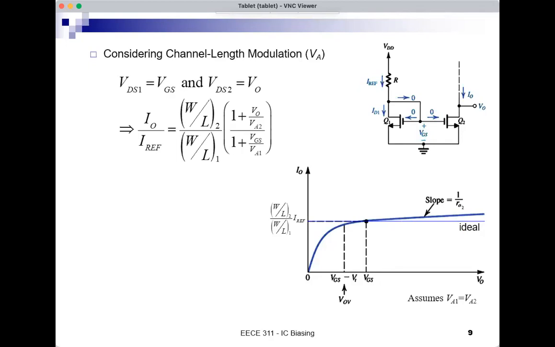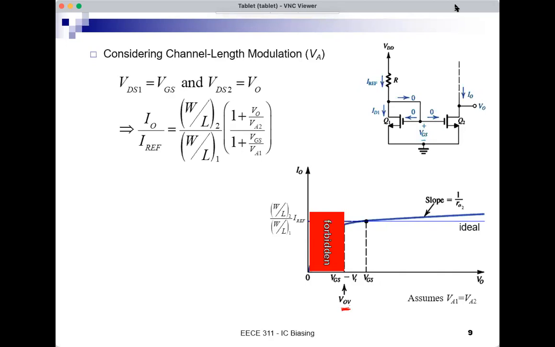But I'm getting this curve. Now, another limit that I have and that we talked about last time is this region here for the output voltage less than VOV. This is an important limit here, VOV.